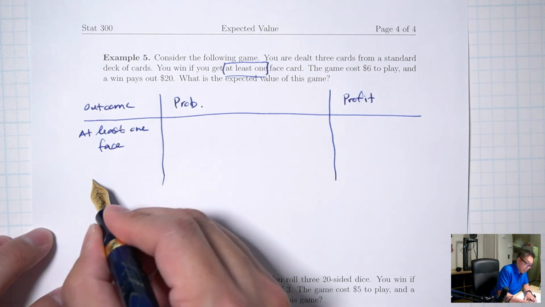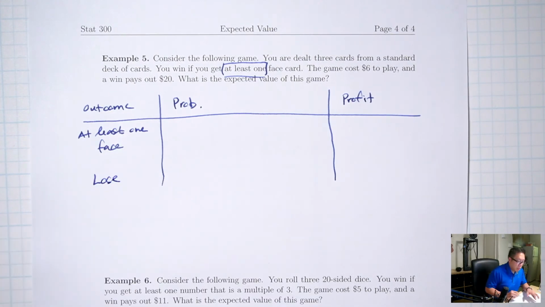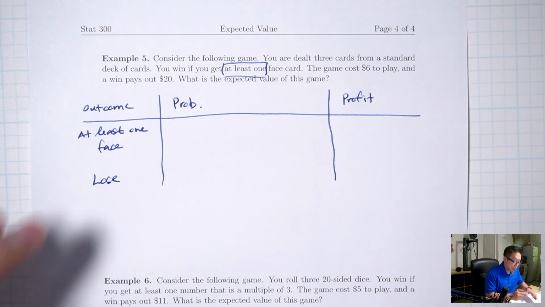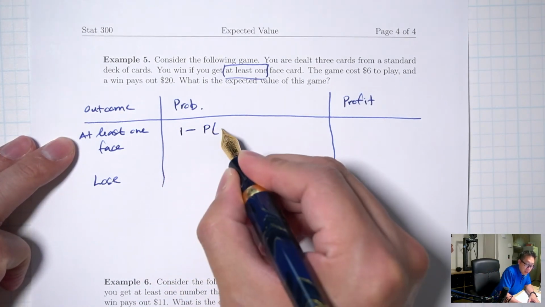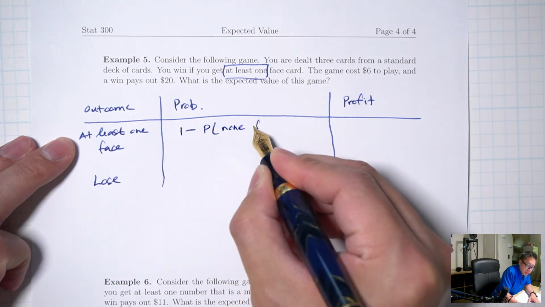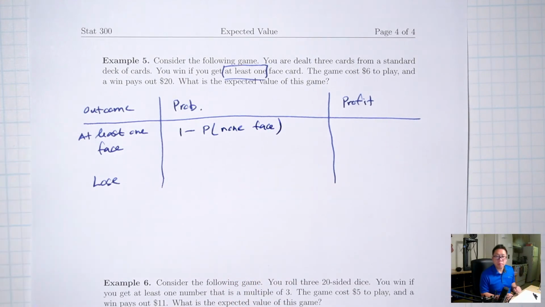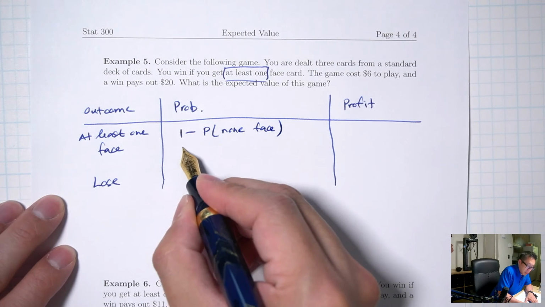Otherwise, you lose. Now, remember, the way we calculate at least 1 is 1 minus none. So none face. All right, so it's going to be 1 minus.